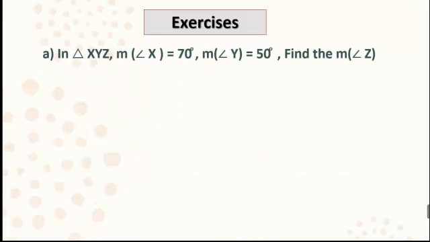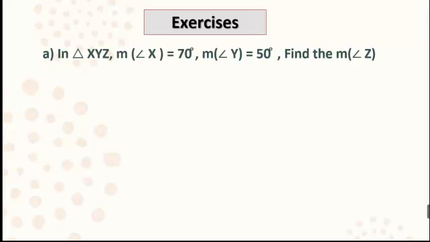Okay, now let's take some exercises about how to calculate the third angle of the triangle. The first one says, in triangle XYZ, measure of angle X equals 70 degrees and measure of angle Y equals 50 degrees.